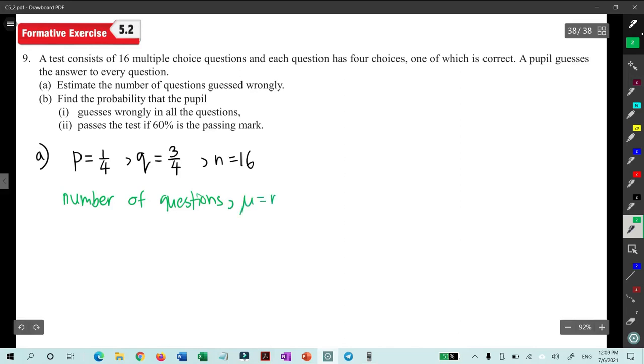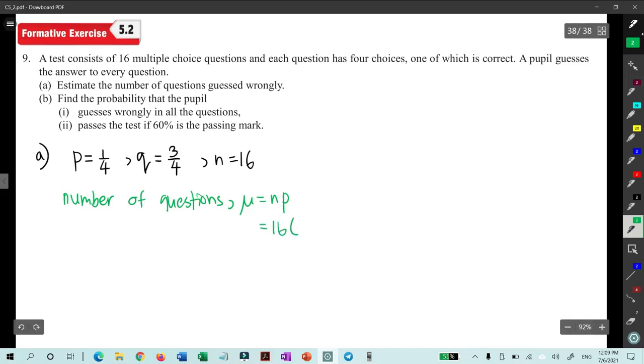So mu is equal to NP. If the probability of success is guessing the wrong question, then P will become 3 over 4. But here I'm going to stick to the probability of success being guessing the correct option.